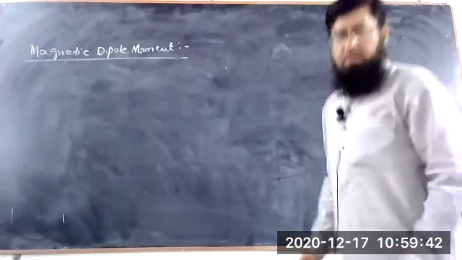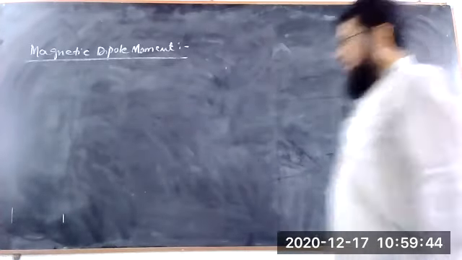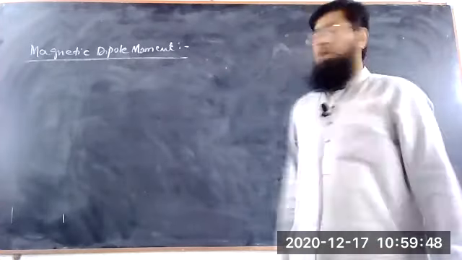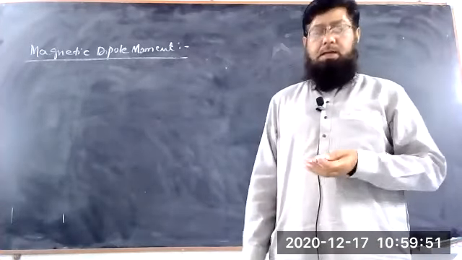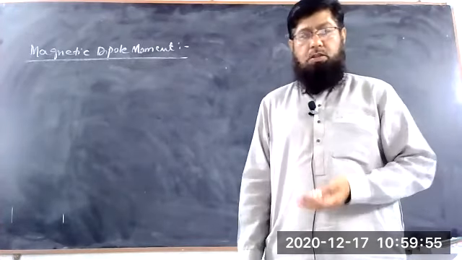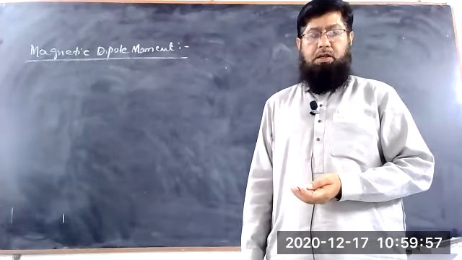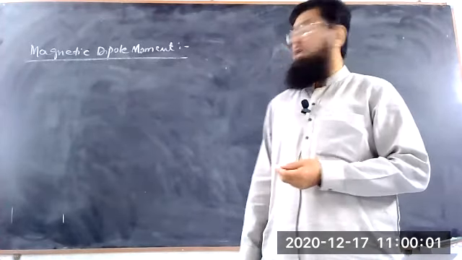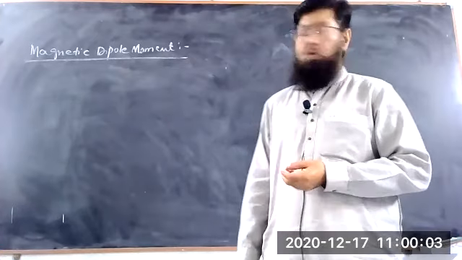What we have seen in our previous lecture is that every material has certain magnetic properties, and you know that when a charge is in motion, it produces a magnetic field around it.